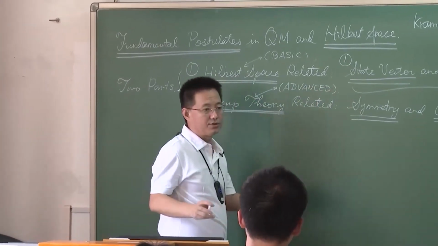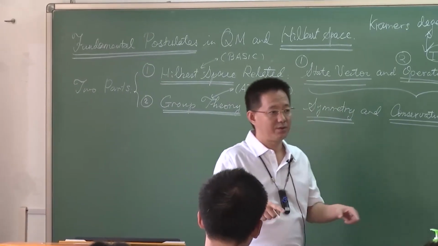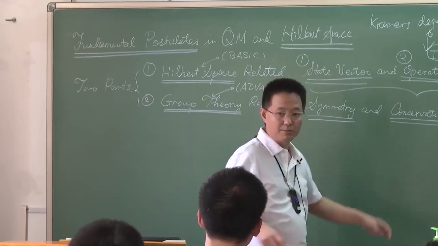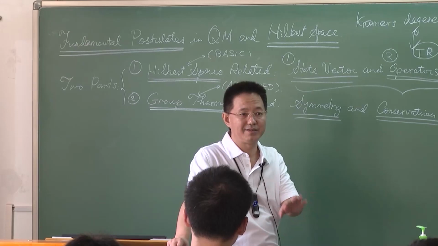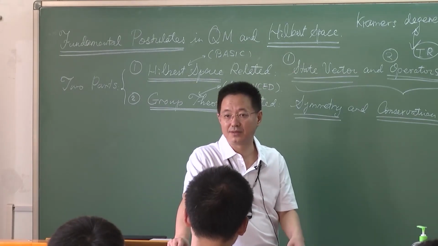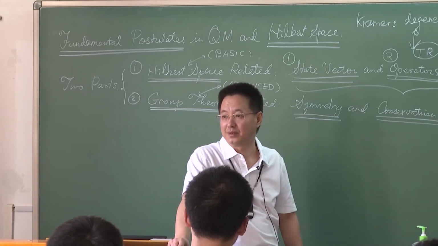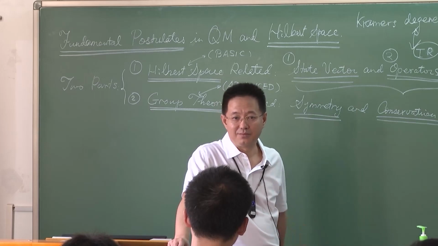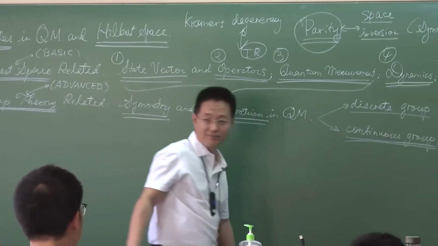But for most of the students taking this course, you should be very interested in the advanced topics in quantum mechanics, because most of the guys here are related to atomic physics. Atomic physics means that you have many relations with angular momentum. And angular momentum is tightly connected with the Lie group.